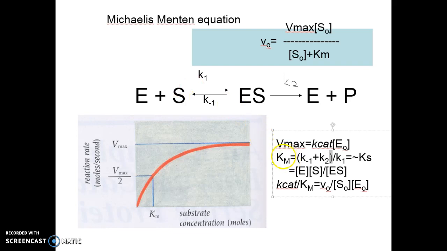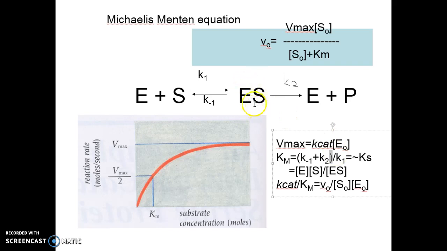Understanding the Km is a little bit complicated, but I'm going to just mention two simple concepts. One, Km could be defined by this equation. Looking at the first reaction step, it could represent the dissociation constant of the ES complex.